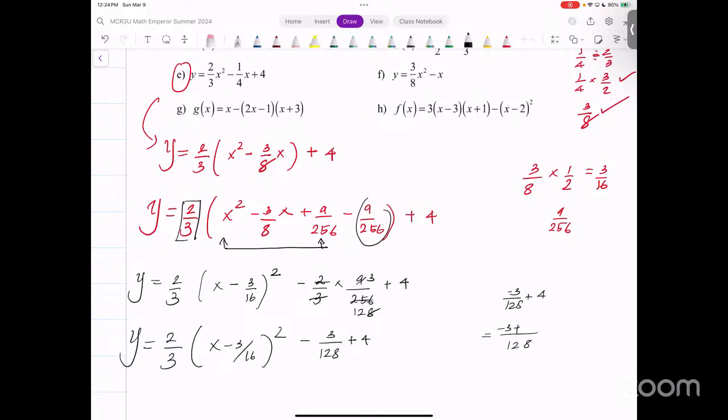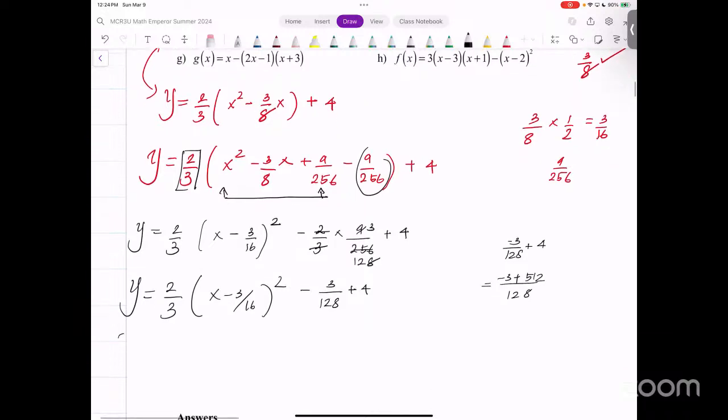Minus 3 plus 4 times 128. Positive 509 over 128. Do not leave the answer in decimal.